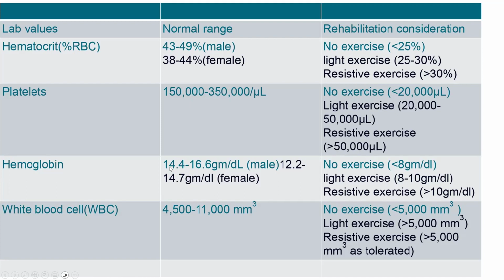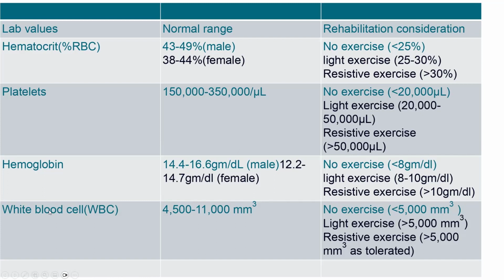The normal values could be 14.4 to 16.6 grams per deciliter in males, and 12.2 to 14.7 grams per deciliter in females. If it is below 8, no exercise. If it is between 8 and 10, light exercise. If it is higher than 10, then you can do resistive exercise.